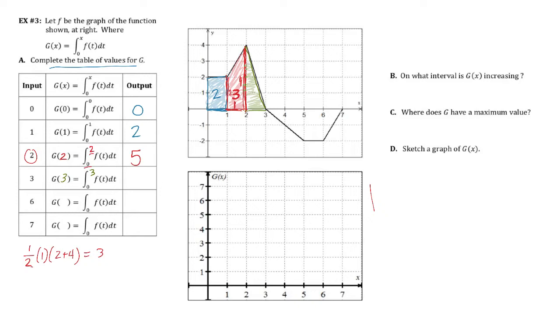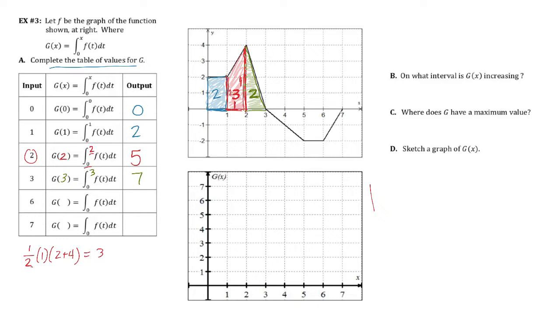If I do 1/2 base times height there, the base is 1, the height is 4, so 1/2 times 4 is going to be 2. So now from 0 to 3, I'm going to have 2 plus 3 plus 2, so that's going to give me 7.